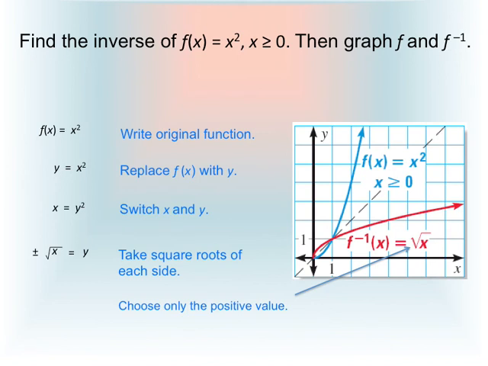We can also see that this function and its inverse share points where the x and y coordinates have been interchanged. In the original function, the point 2, 4 exists, and we would expect that in the inverse, the point 4, 2 would also exist, and it does.